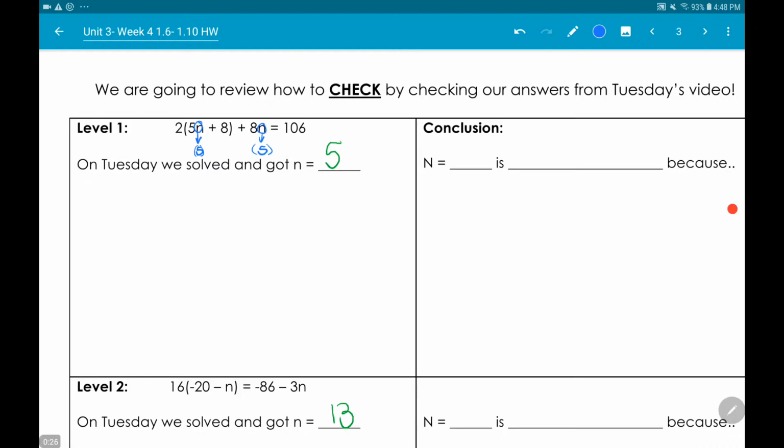All right, so I'm going to rewrite my equation, but instead of n with that number, and now I need to simplify. So I'm going to go ahead and simplify my parentheses first.